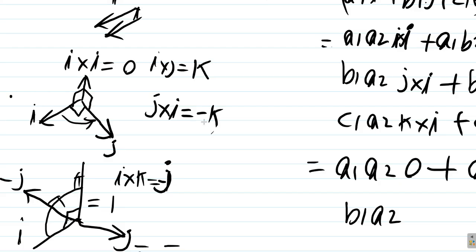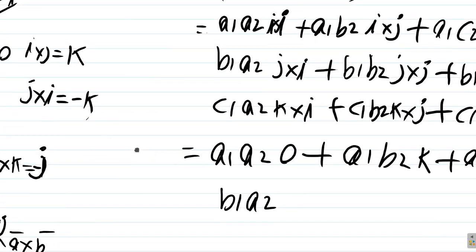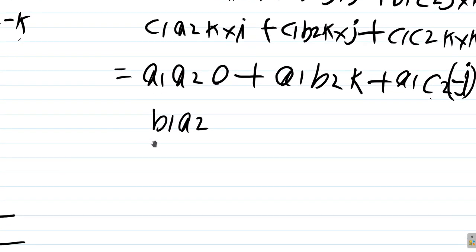Right? And just use your fingers and your thumb. I cross J, you spin clockwise with the right hand, going from I to J, your thumb points up. If you swing it from J to K, your thumb would have to point down. So J cross I would be negative K. So what happened here?